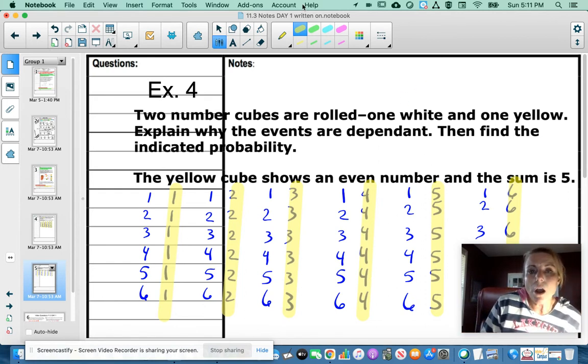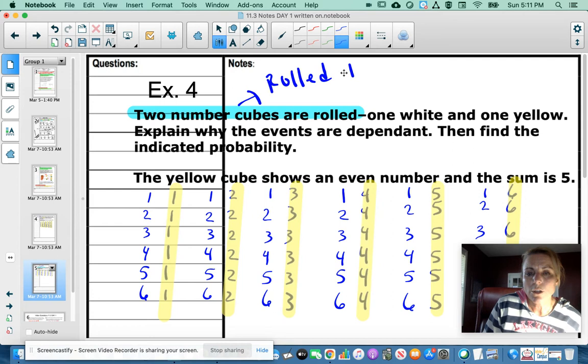Whenever you are given a problem that says 2 number cubes are rolled, that means rolled together at the same time.